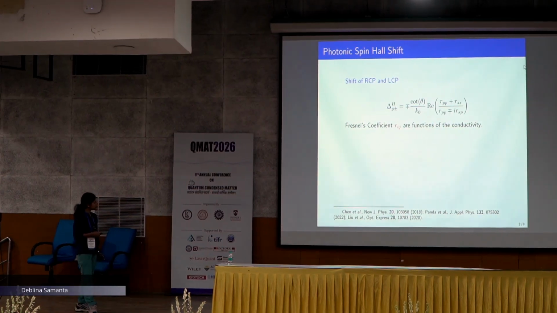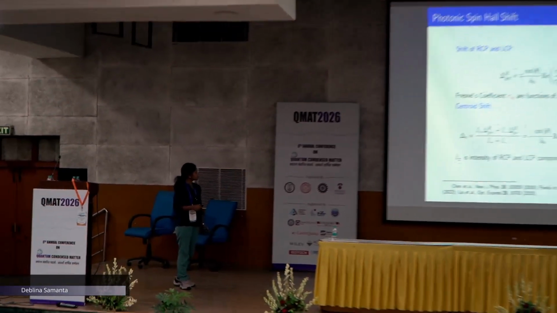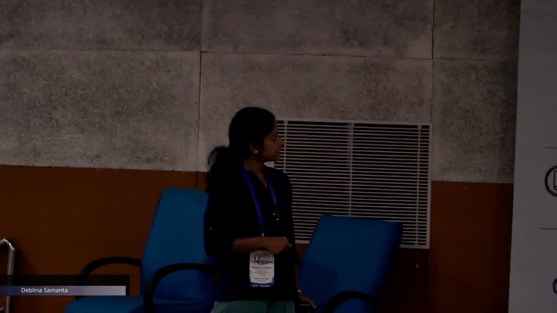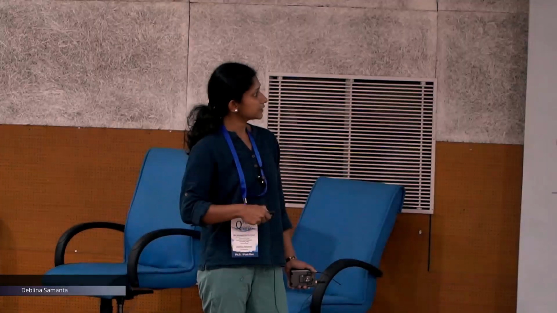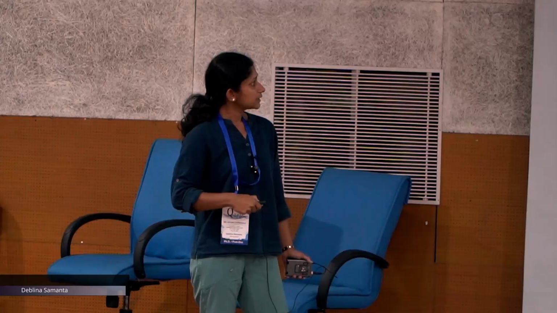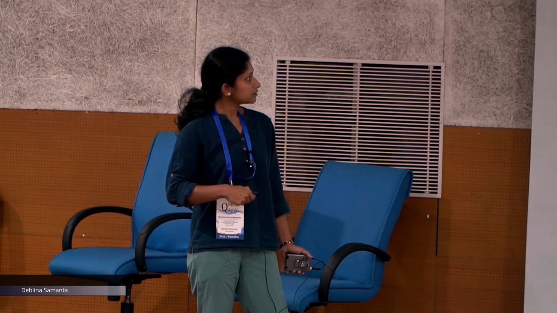So then we tried to define a centroid shift, which is basically the intensity weighted average of the plus and minus circularly polarized shifts. Here we will show that using our definition of centroid shift, we can actually distinguish between different kinds of band topological phases.